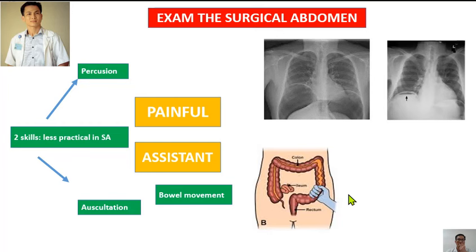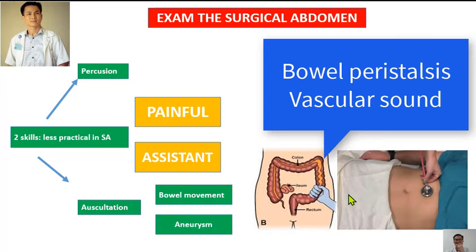Next, we move to auscultation skills. Auscultation skill plays a key role in assessing various abdominal conditions, particularly when evaluating intestinal motility and vascular sounds.